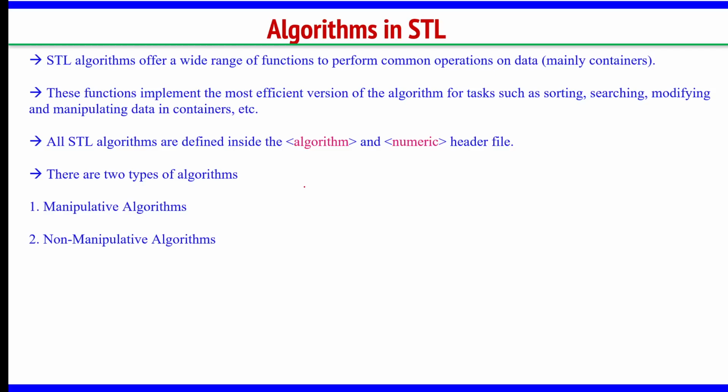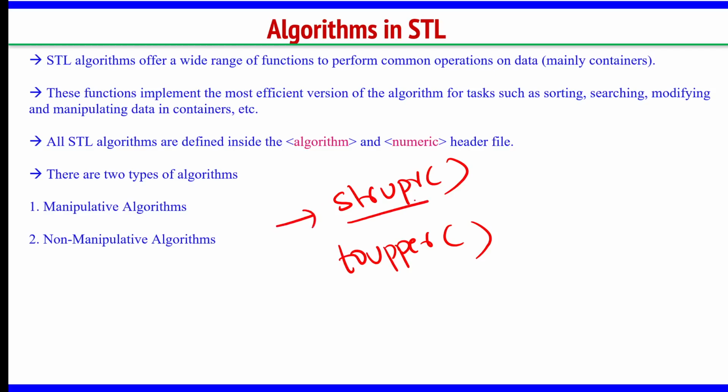I think you might have studied string functions, right. We have functions like strupr and toupper. This strupr function converts the string to uppercase, and it does not actually modify the existing string.